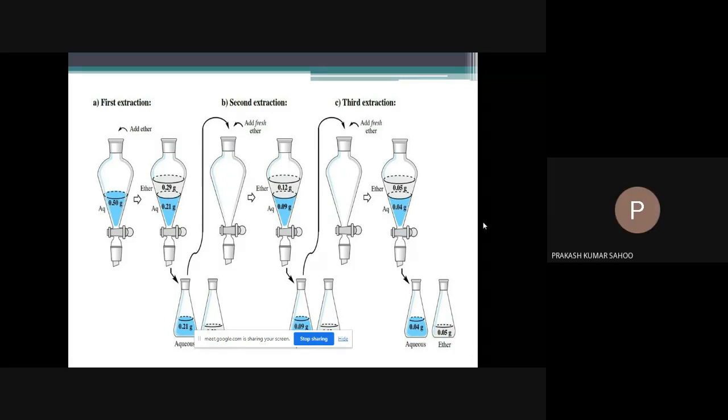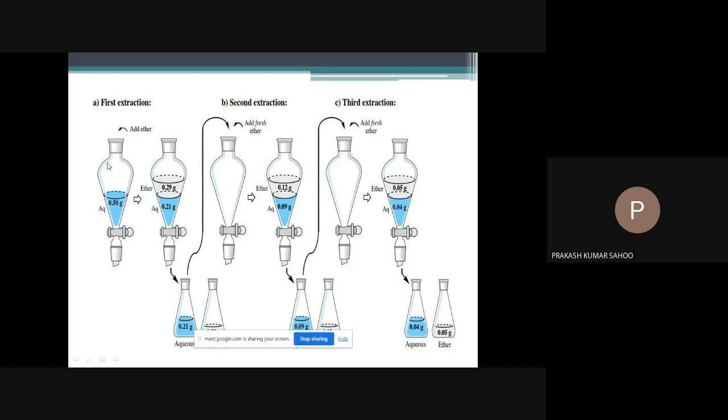Okay. So, just before going to the distribution factor and distribution law, let's go to this figure. This apparatus is known as a separating funnel.